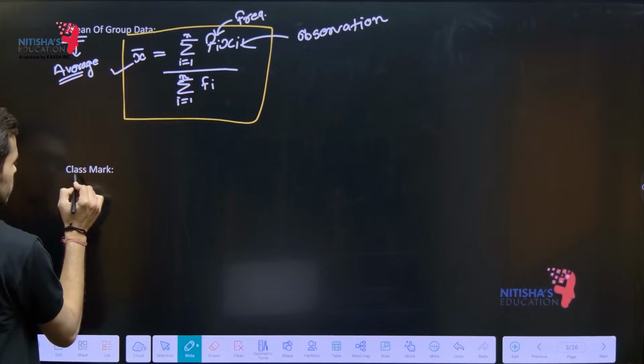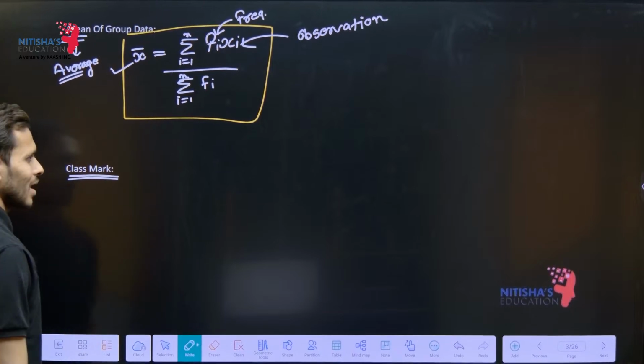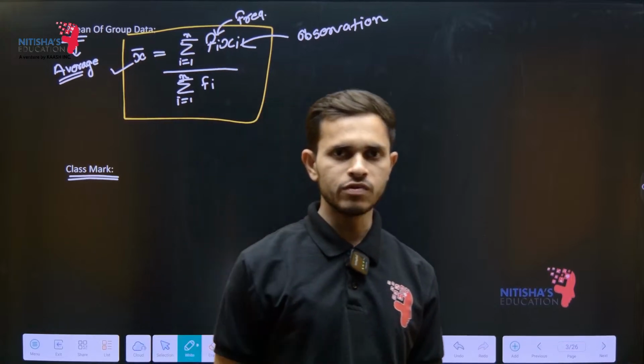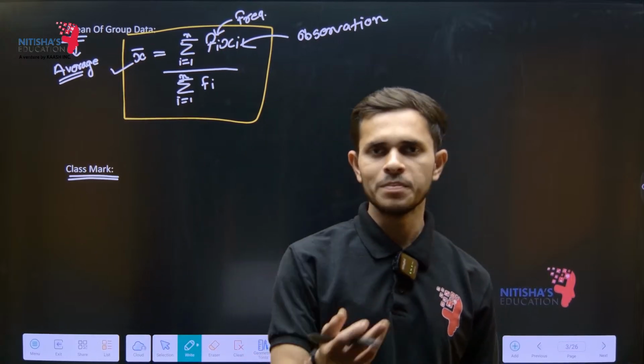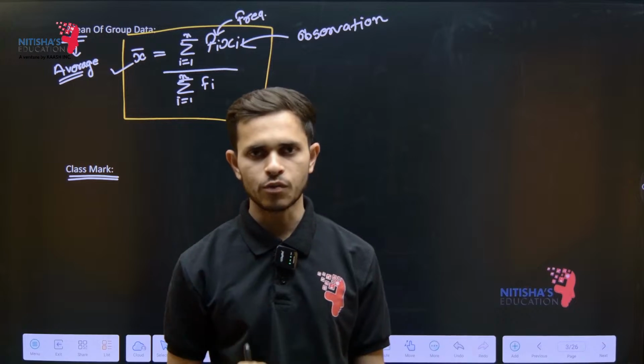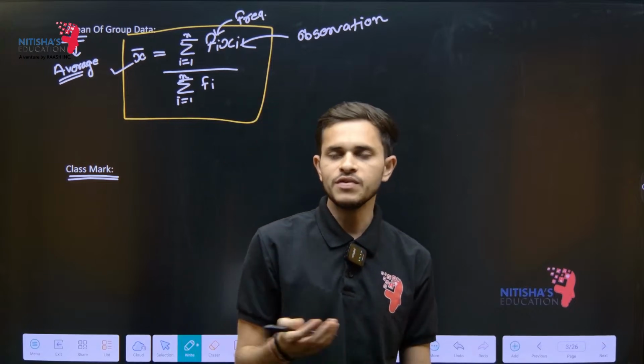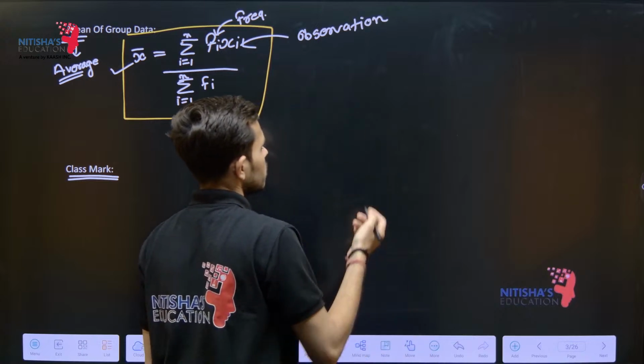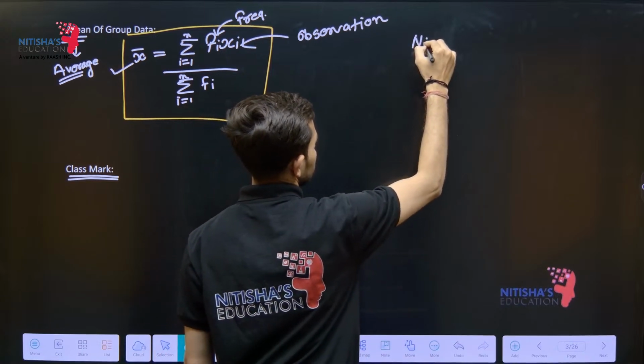Let's take one small concept of class mark, because whenever we are solving a question on the mean, we have two types of question. In the first one, there is no class.